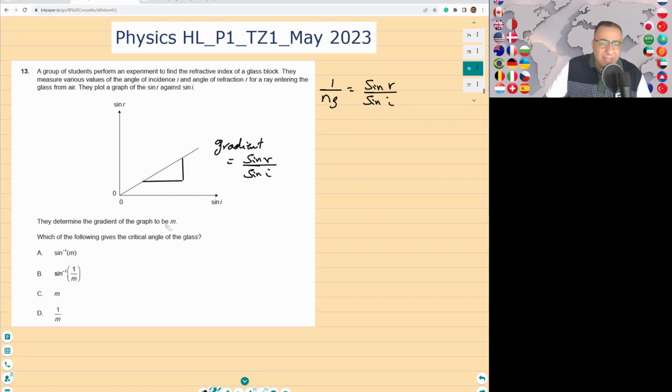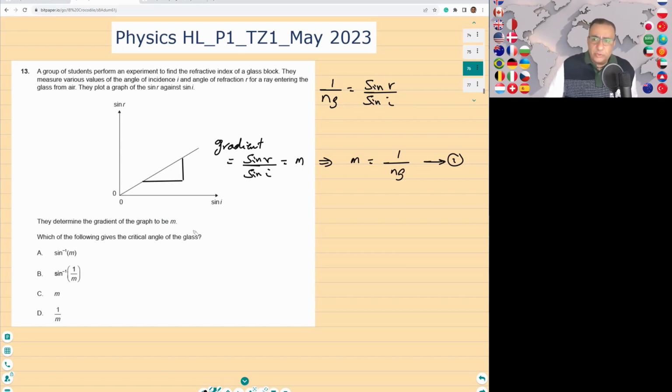He called the gradient m, so sine r over sine I is m. And we just used Snell's law and found sine r over sine I is 1 over n sub g. That means m is 1 over n sub g. Make sense? Let's call it equation 1. If this side equals m and that side is the same as 1 over n sub g, then this side equals that side.